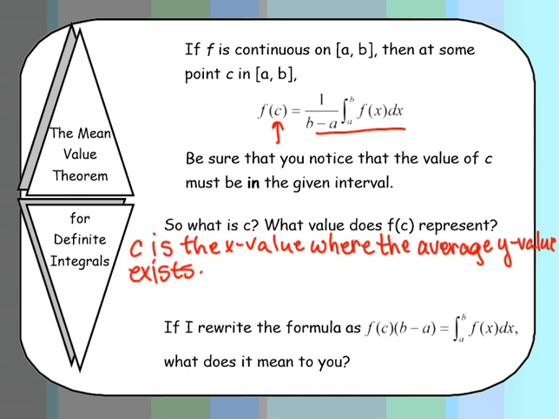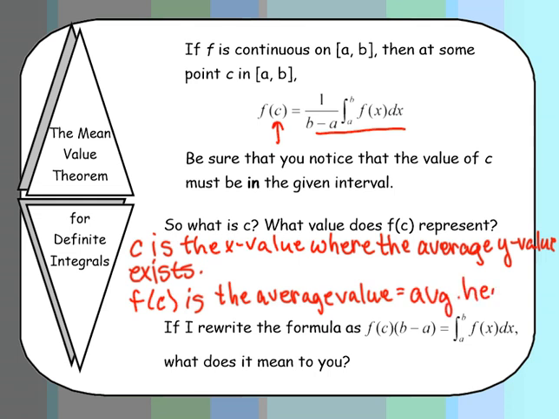Okay, f at c is the average value of the function. You could also say it is your average height. Out of all of those little dots, that's your average height.